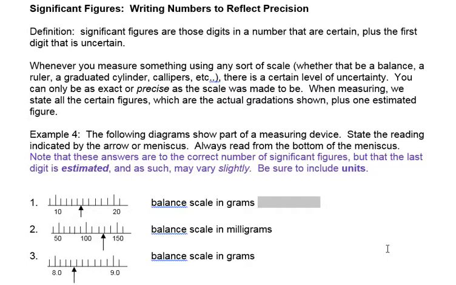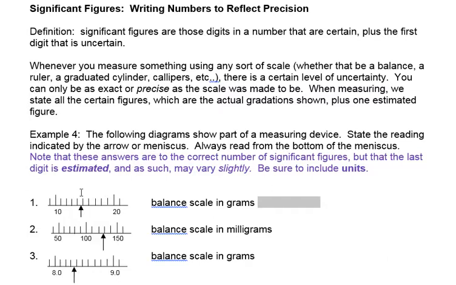So significant figures are all those digits you are certain of that you can read off the scale of your device, plus one digit that you estimate, called the uncertain digit. So whenever we're using one of these sorts of scales, we have something telling us what our number is in between, and we can estimate exactly where that is.